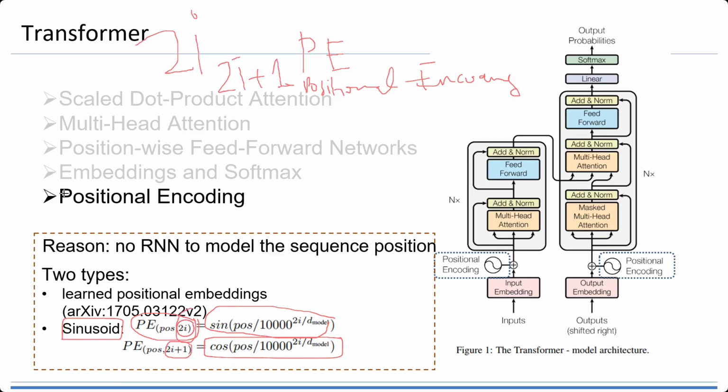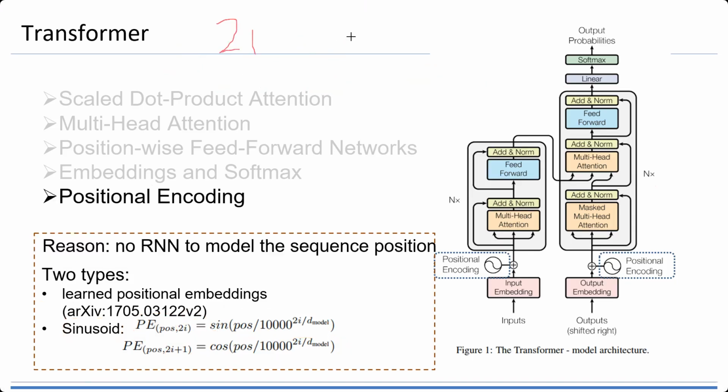Actually, this is the position in the word. If i equals 0, then 2 multiplied by i is 0. If i is 0, 2 multiplied by i plus 1, then it is 1.